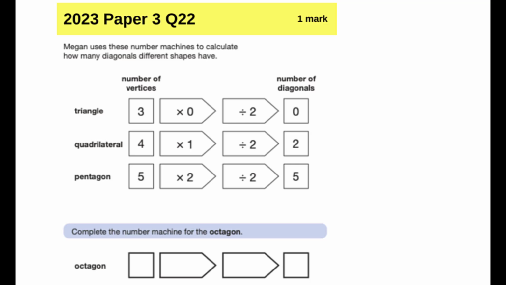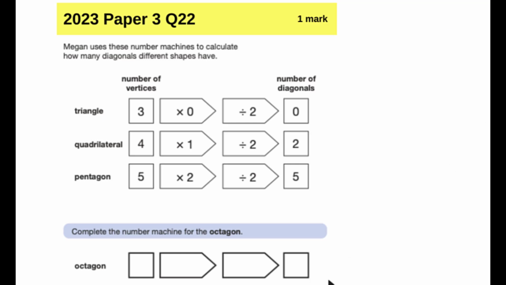If you're not sure what vertices are or what diagonals mean, then there are plenty of lessons on shapes and their properties in my geometry ebook. We divide that by 2, and that tells us how many diagonals there are in a shape. So we're using an algebraic formula to calculate how many diagonals a shape has based on the number of vertices. Complete the number machine for the octagon.